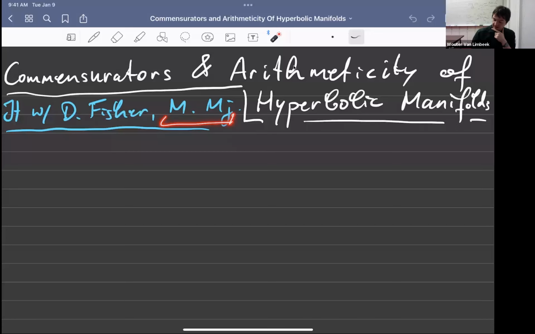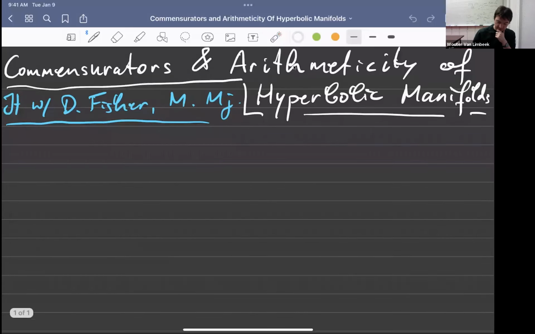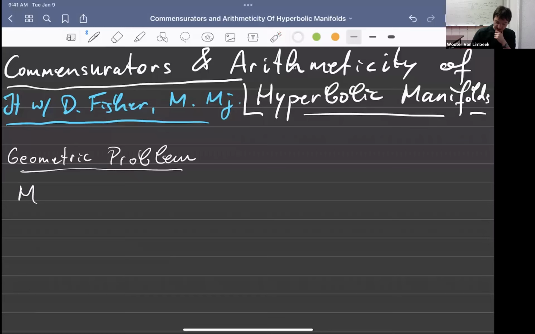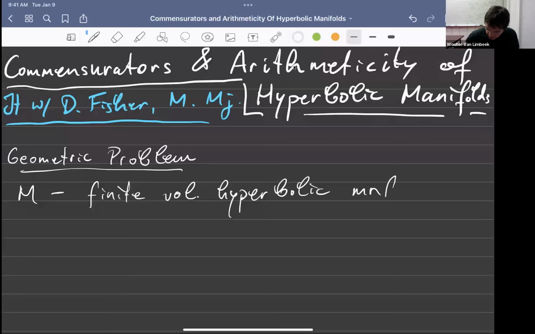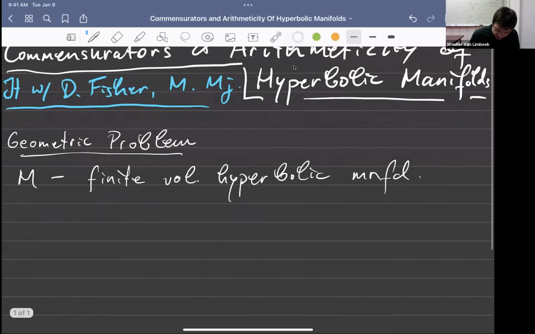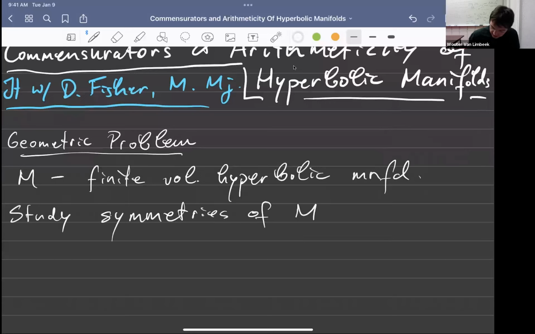And Mahan. Okay, so let me start by motivating it with the following geometric problem. Suppose that M is a finite volume hyperbolic manifold. What I would like to do is to study the symmetries of M, that is to say, the group of isometries.